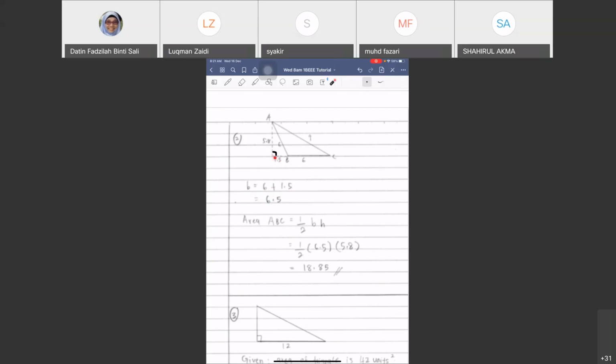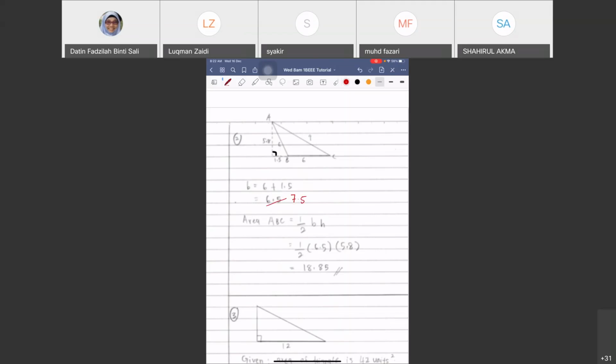The base is the whole length here, which is correct, 6 plus 1.5 is correct. But it's wrongly added here. So it should be 7.5, isn't it?